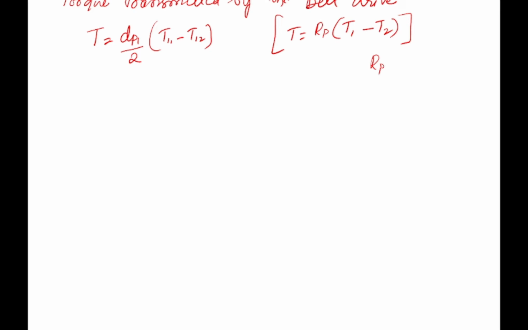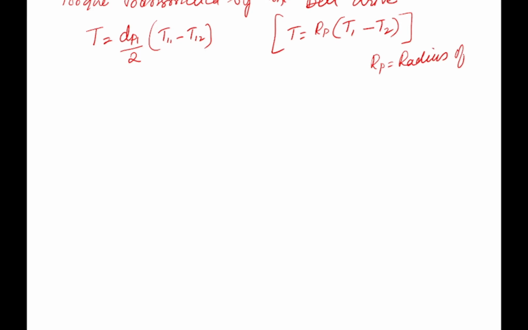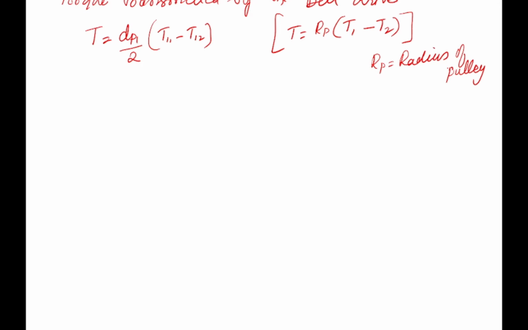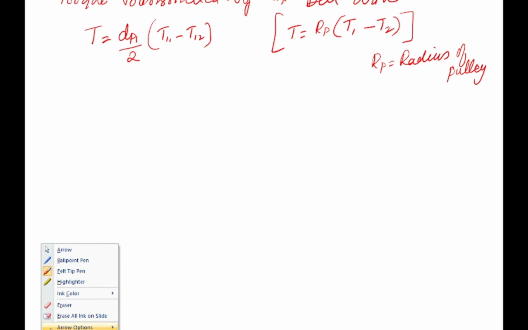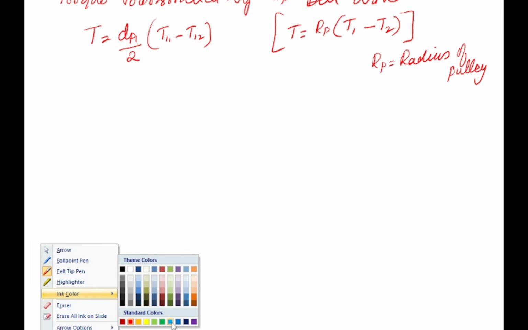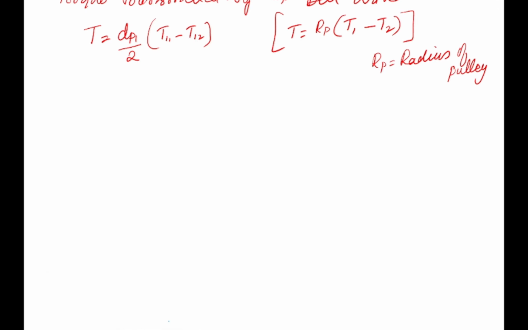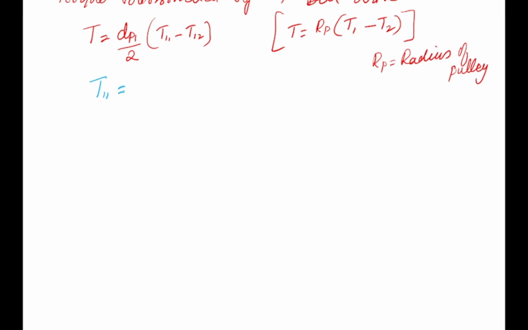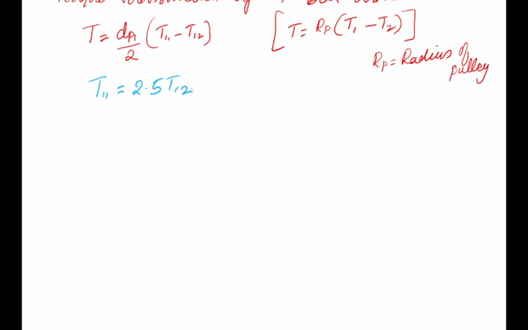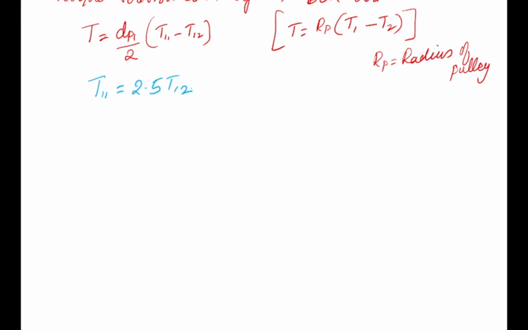So RP stands for radius of pulley. Now by the belt tension ratio, T11 equal to 2.5 times T12. Agree? Now let us substitute.